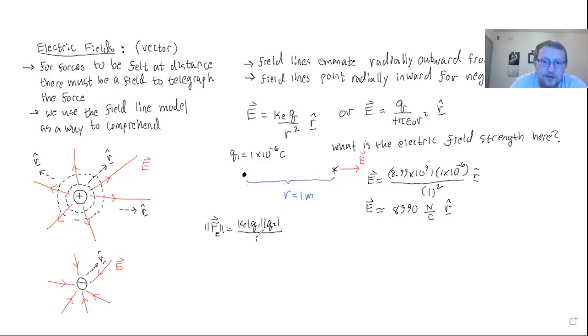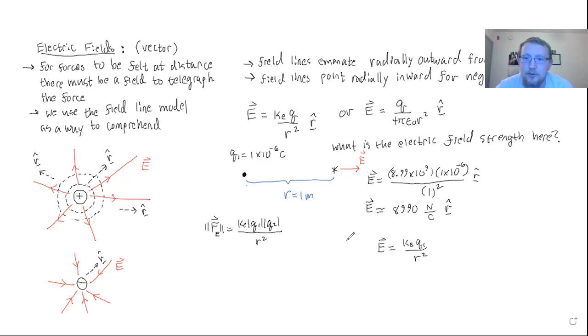So here's what you could do. Another way to go about it is to notice that when we calculated the E field at this asterisk caused by charge 1, we plugged in Ke times charge 1 divided by r squared.